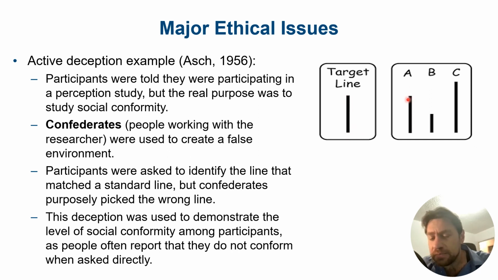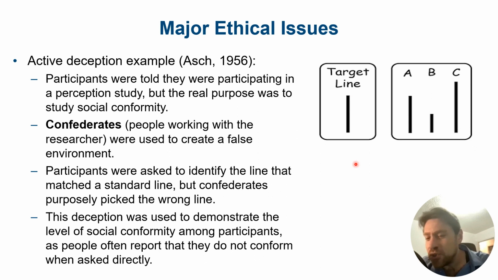You can see that. But now imagine the study design. So you're in a room with 12 other people who you think are participants, ordinary people, but in fact they're Confederates. They're there to deceive you. And the experimenter asks the first individual to pick the line that matches the target line in length.